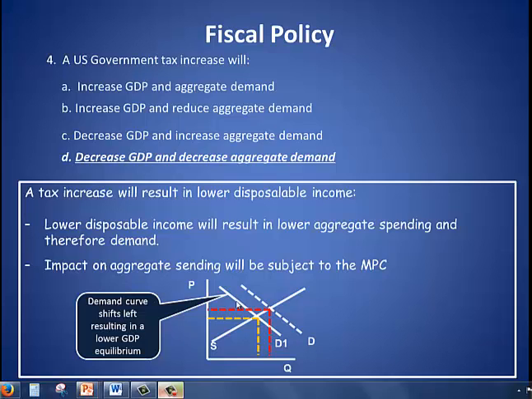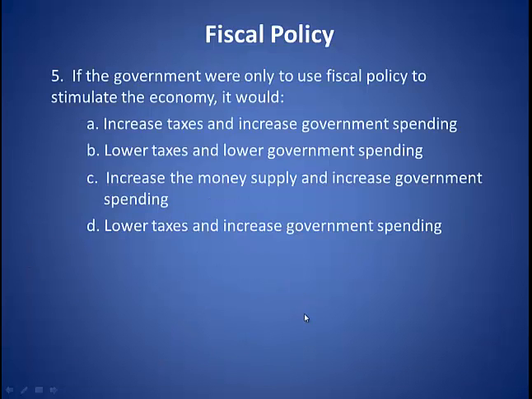So if we see our equilibrium point originally, we see a certain price and a certain quantity, but then when we show our demand curve shift to the left, D1, we end up with a market equilibrium that shows a lower quantity going to be supplied at a lower price, therefore reducing GDP.